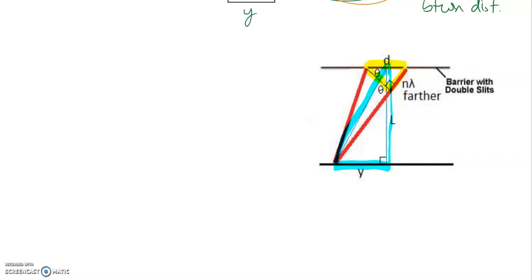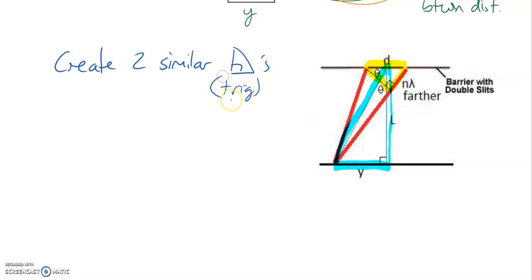It's kind of interesting because the two triangles can then be connected together with trig. What we end up doing is creating two similar right-angled triangles, and of course with this we can apply trig to them. If we look at what we have in terms of measurements, the yellow triangle works really nicely.